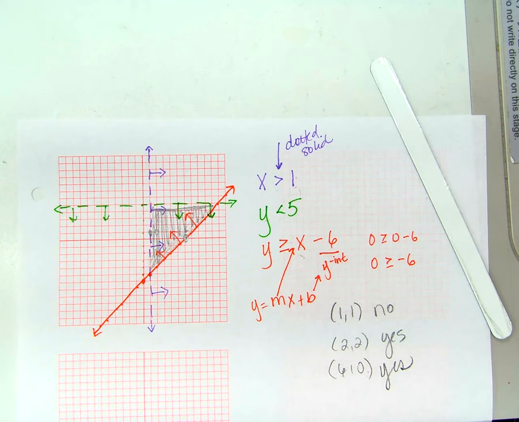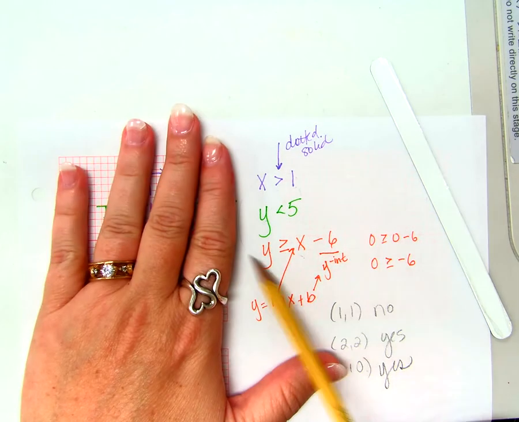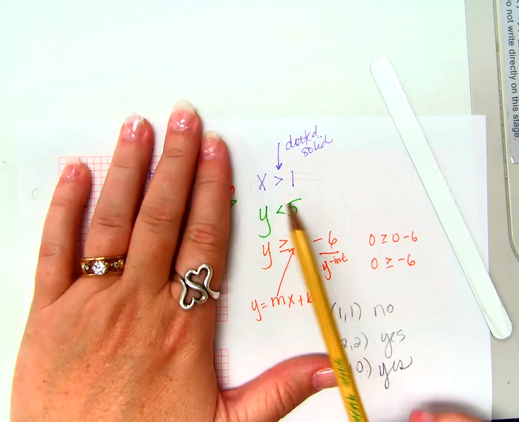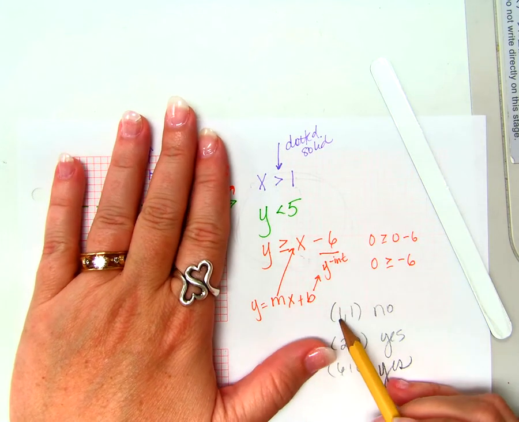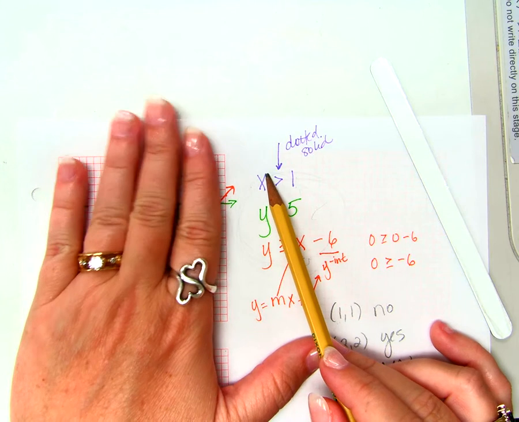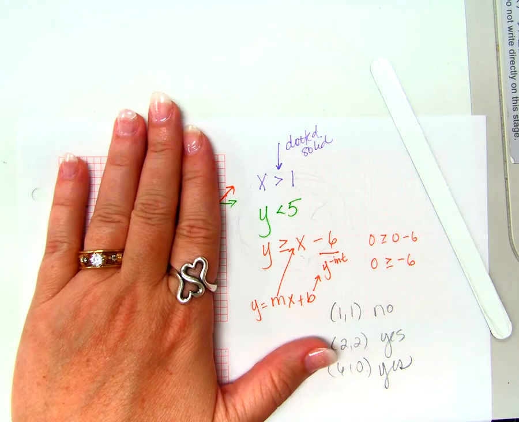So, several different things you're going to have to do for homework tonight. Actually, really only two. First thing I'm going to have you do is I'm going to give you a system. You're just going to have the inequalities. And I'm going to say, is this point (1, 1) a solution to this system? If you didn't have the graph, how would you figure out if it's a solution to the system?